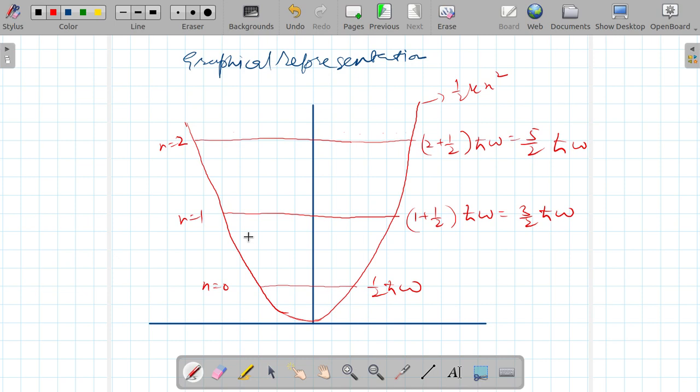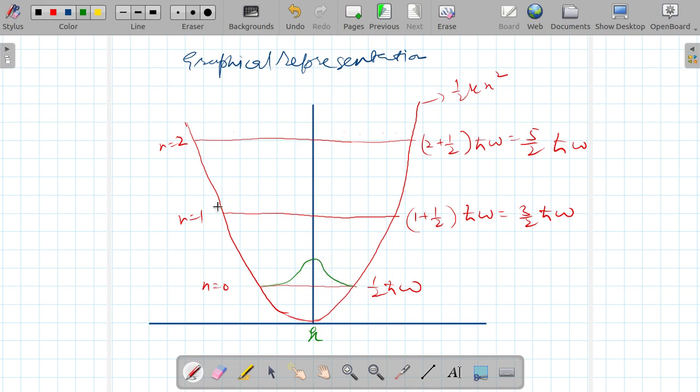And if we plot the wave functions, we get very different types of wave functions. Here x is 0, the equilibrium position. At the equilibrium position, the wave function looks like this.